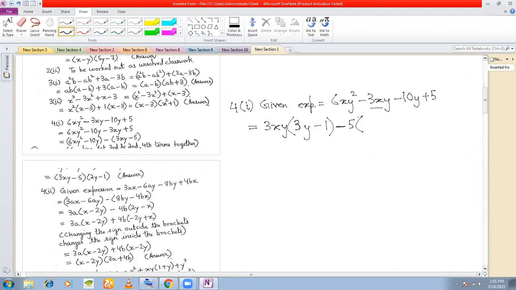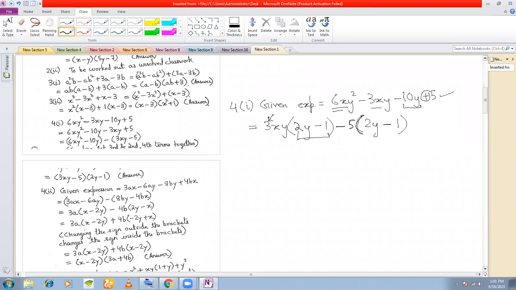Now remember there's a minus sign outside this bracket. That means this plus sign will change to a minus sign. Now see this 10y. From 10y, if I'm taking out 5, I'm dividing 10y by 5. So I'll simply get a 2y. And from this 5 here, I'm taking out 5. So 5 divided by 5 is 1. Right? Here there has to be a 2 because I've wrongly written 3. This should be a 2y because see here 6 divided by 3 will give you 2.